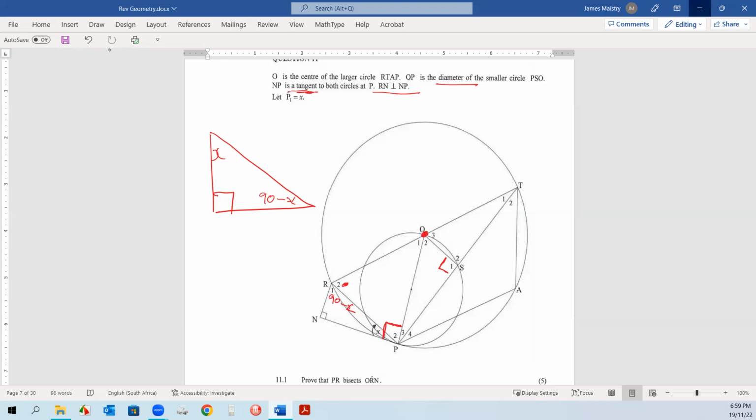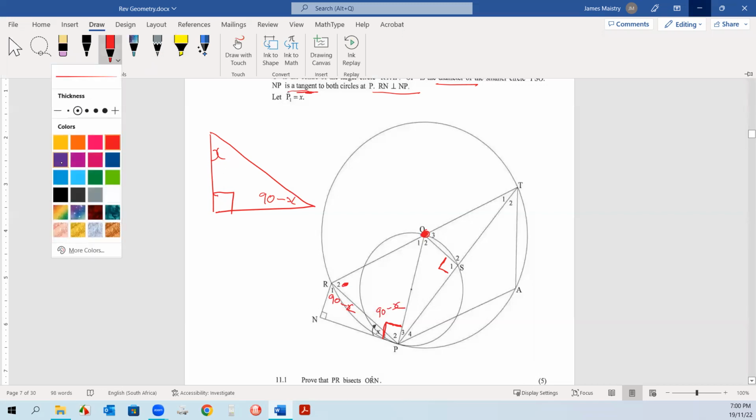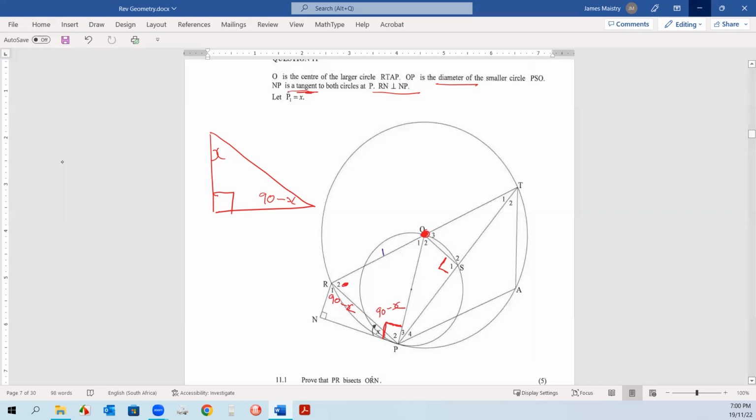Which makes this 90 minus X. But they told us since O is a center, carry on. You're doing well. So since OP and OR are equal since they're radii, then P2 and R2 are equal because of angles opposite equal sides.